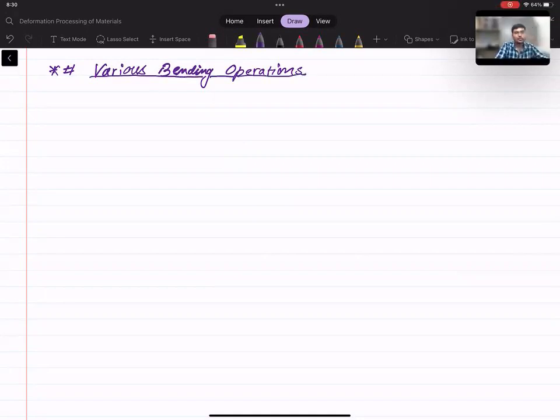So the very first one is the simplest one, the channel bending. And as the name suggests, this leads to the final shape as a channel. Okay, so we have channel bending.